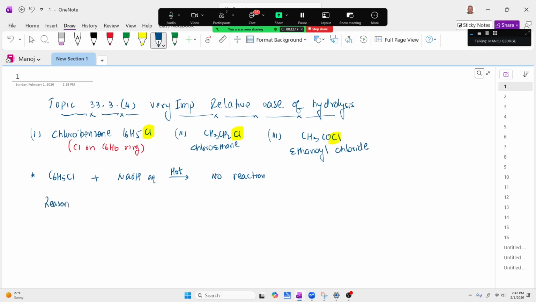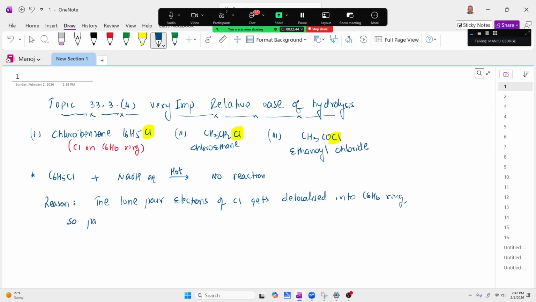So I hope you remember the reason. The reason was that the lone pair electrons, this has come in the past papers also many times. So the lone pair electrons of chlorine get delocalized into the benzene ring. And because of this, what happens?